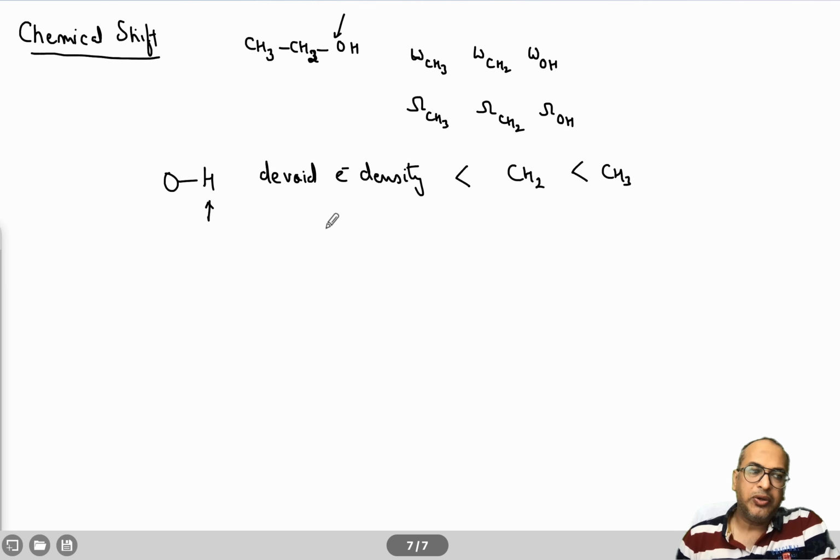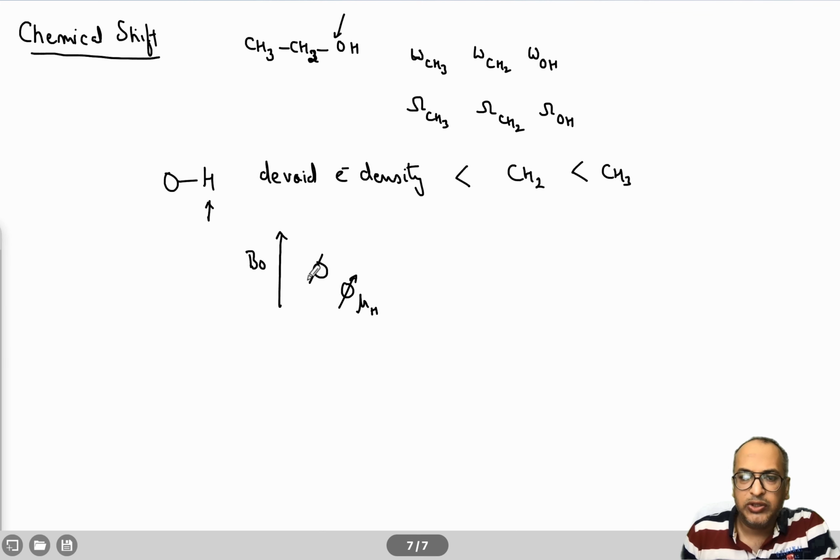So electrons have their own magnetic field which tends to oppose the applied magnetic field direction. What I mean is, if you have B0 in this direction, which is the applied magnetic field, and you have mu H, the magnetic moment of an individual proton, and it is surrounded by electrons, the electrons would have their own magnetic field which will try to oppose the externally applied field.